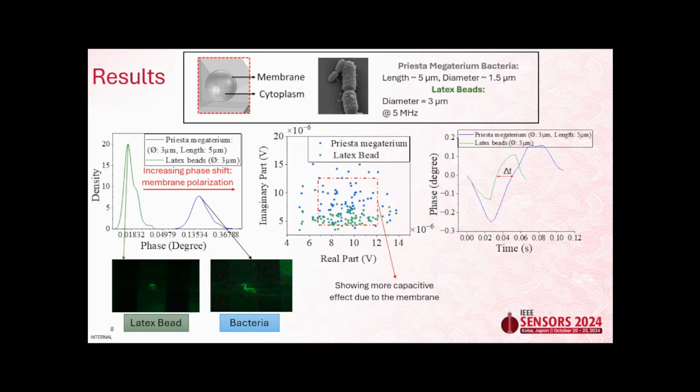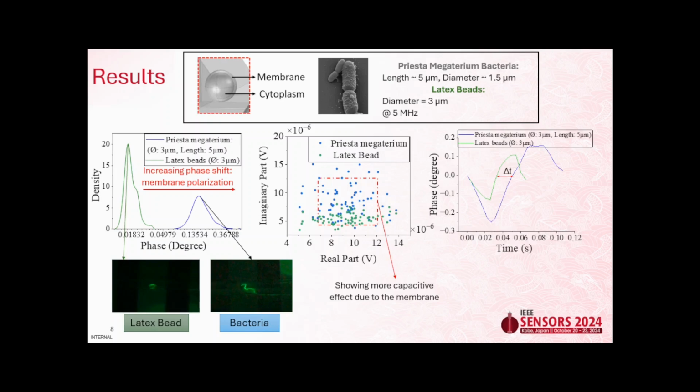I knew that the latex bead is spherical, and I knew that the bacteria is rod shaped. So that means that the rod-shaped bacteria will spend more time inside of that sensing zone that I showed you in the previous slide. So here we see again that the width of the signal, which shows the duration of the existence of that particle in the sensing area, is more in the bacteria than the latex bead, which again shows that this shape analysis can be used for the detection.